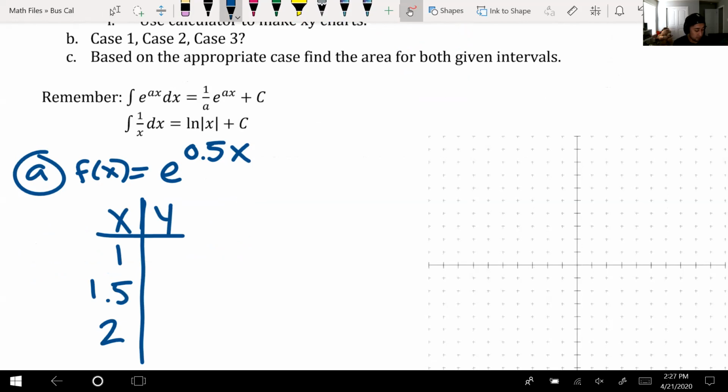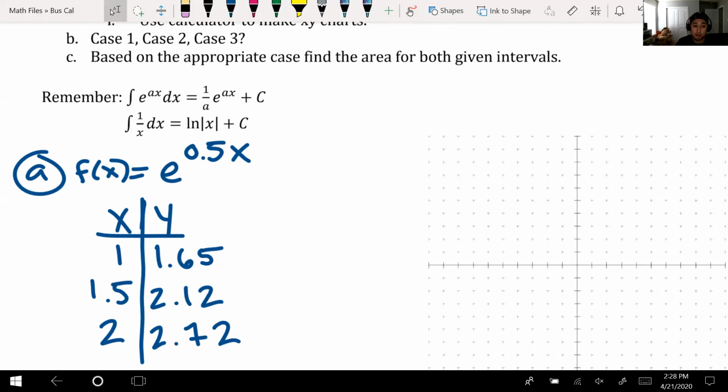Okay. e to the 0.5x. If I type in 1, I get 1.65. If I type in 1.5, 2.12. And if I type in 2, I get 2.72.